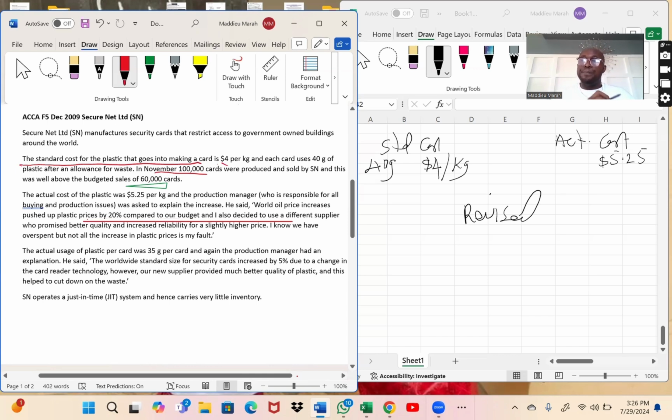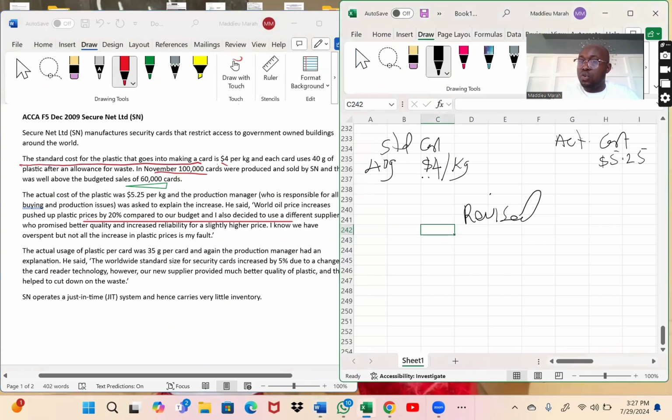So oil price increases pushed up plastic price by 20%. What was the plastic price before? The original budget was $4 per kg. This was the original standard. Now it moved by 20%. So what will be the revised?